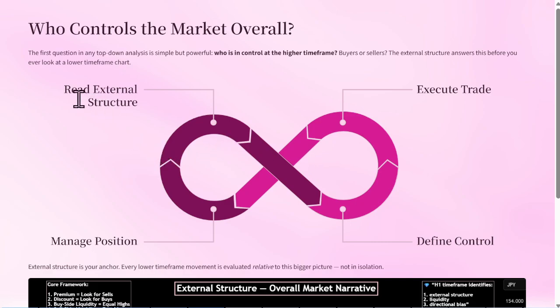Okay, so you're going to read your external structure, define who's in control. You're going to execute your trade with your model and manage your position once you end there.